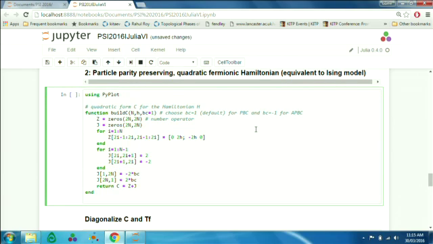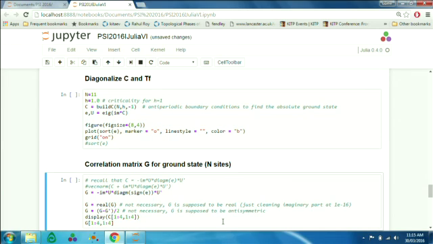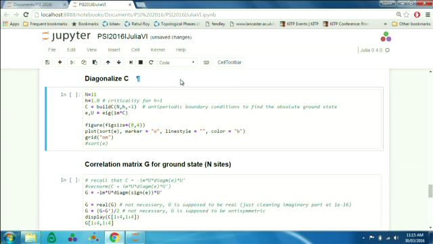So we could create this matrix C, and then we can diagonalize it. Again, we don't need translation operators, so I'm going to remove this. We can diagonalize it, again, for 11 spins at criticality, and it's basically the same.